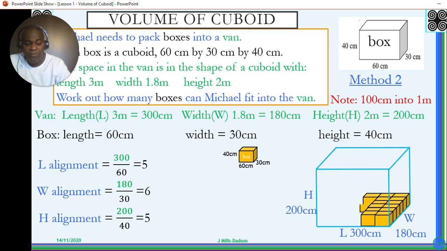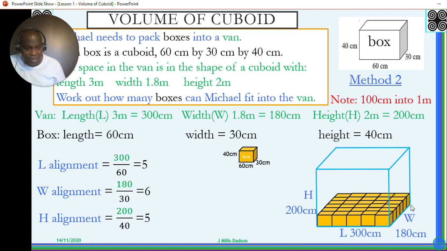That was my first layer. Now you realize that 6 of the boxes align with the edge of the length. And it's true, because 60 times 5 is 300. That is where the alignment on the L is 5.